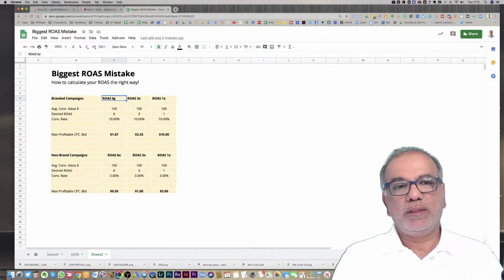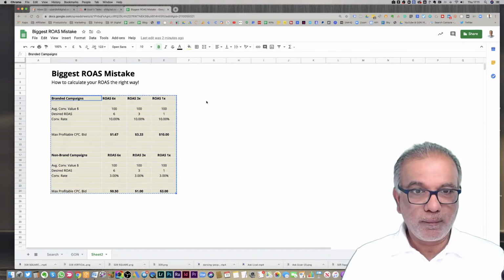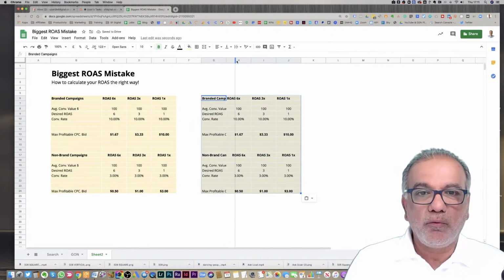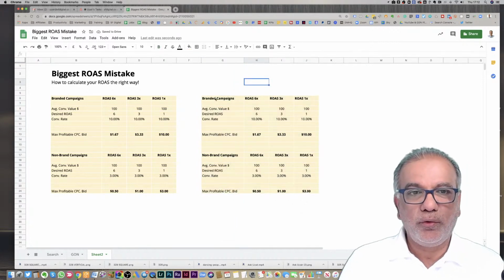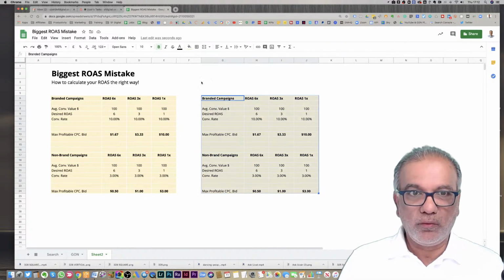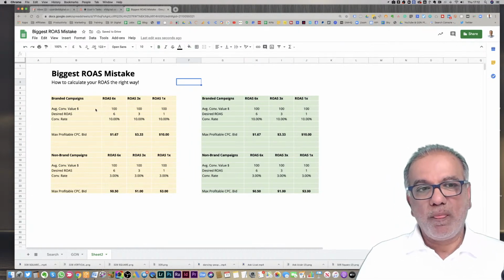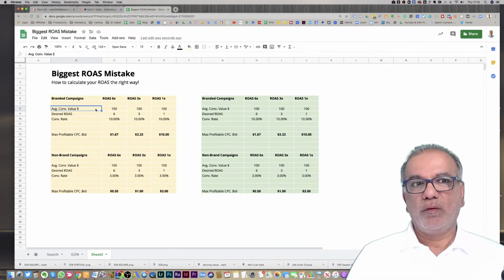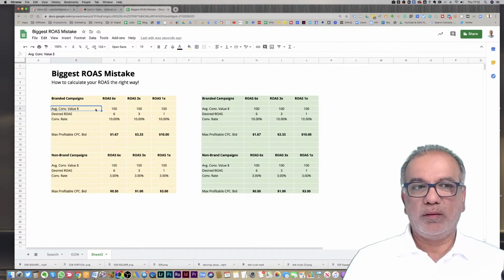There is a big difference if I were to copy all of this and put them over here. So what most advertisers do, I'm going to make this in a different color, is they are looking at just that first time transaction. Now, for most businesses, including ours, if we do a good job for our client, they are going to come back.